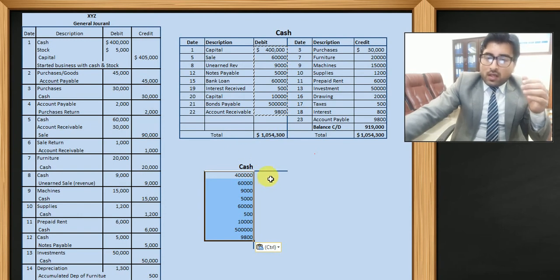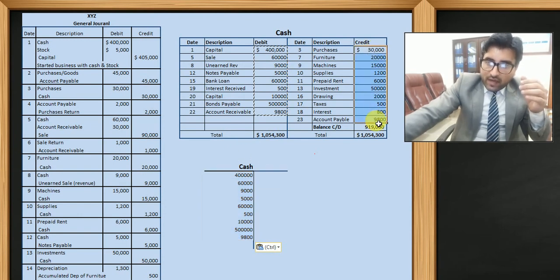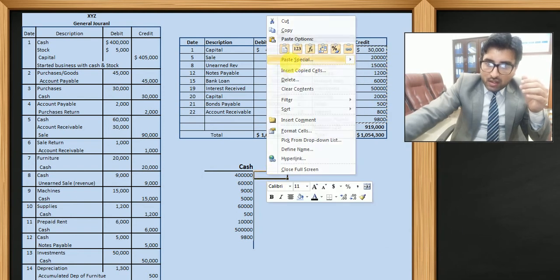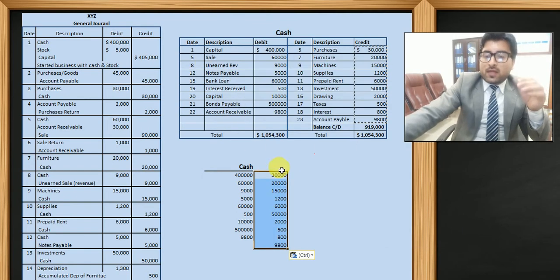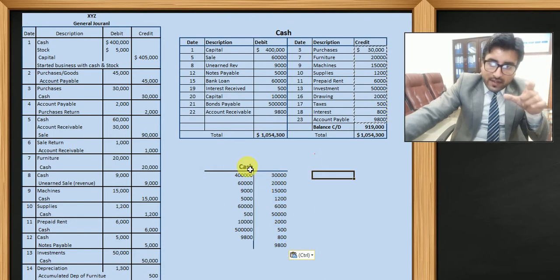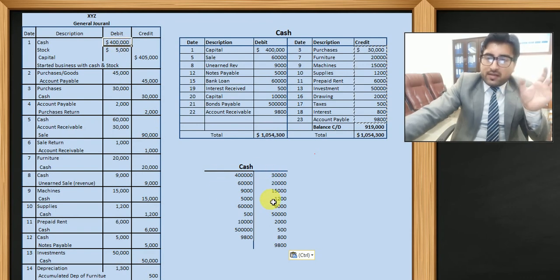So again, copy all these values and paste special and click on values. Simply, dear students, if you are using the T ledger, the T shape of the ledger, it is called a T because it has the shape of T. Then simply post all these values into the debit and the credit side, and that's it.